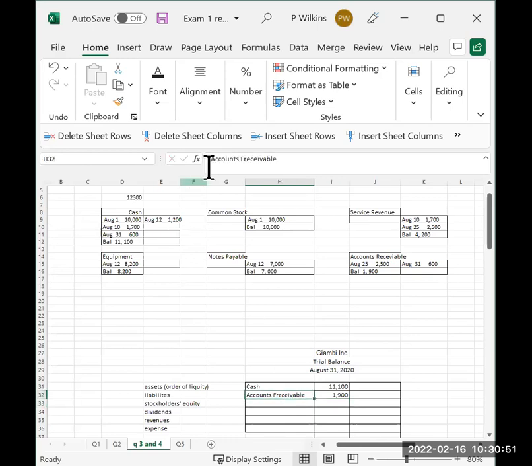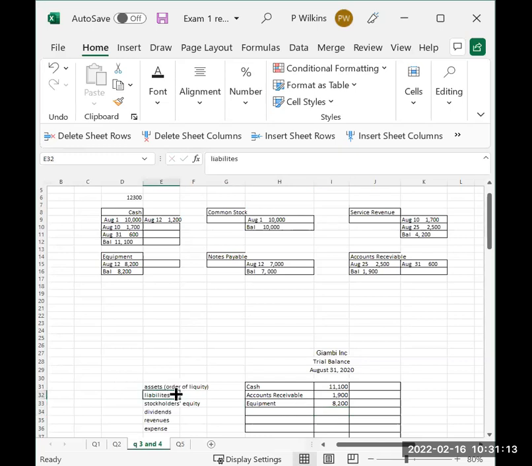I spelled that wrong. Hold on. Accounts receivable. There we go. Then we have equipment. That's also an asset, and that would come next in the list. And equipment has a debit balance of 8,200.